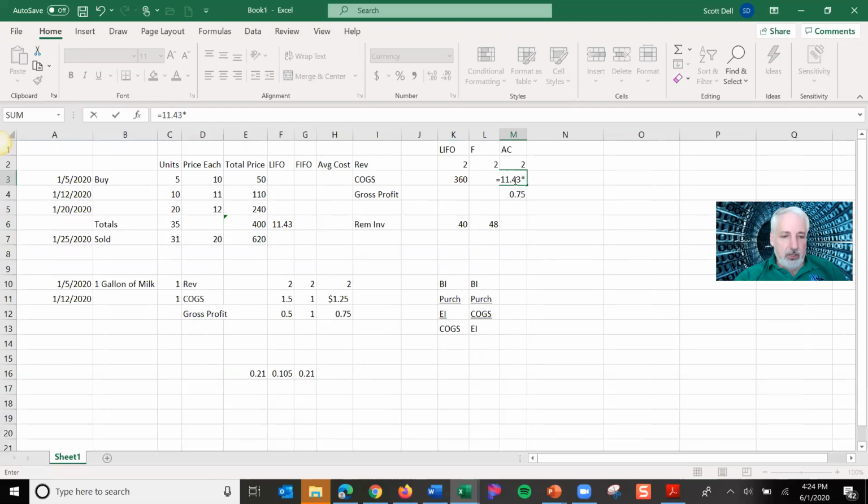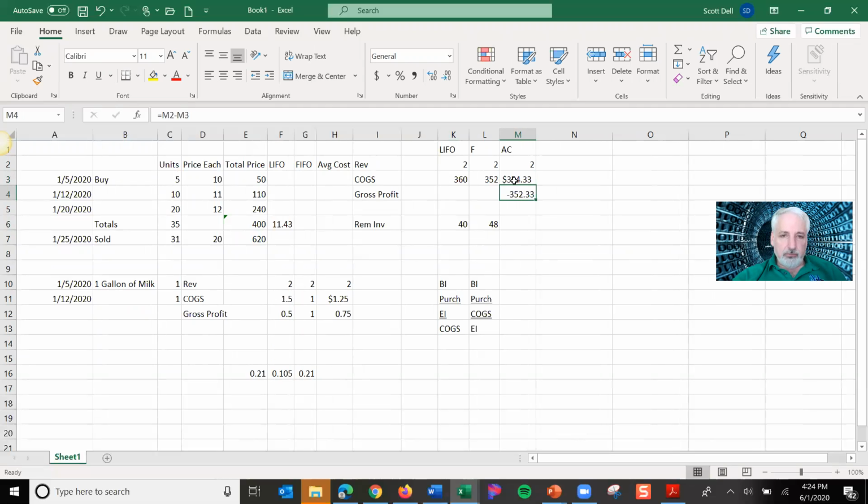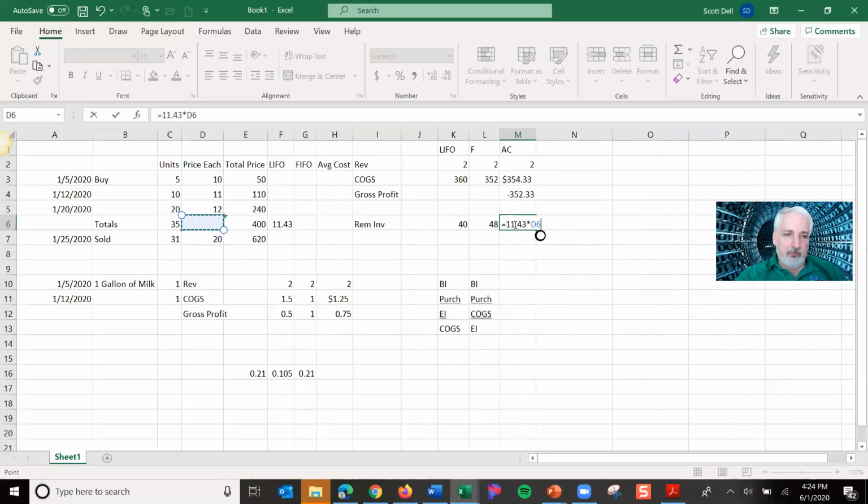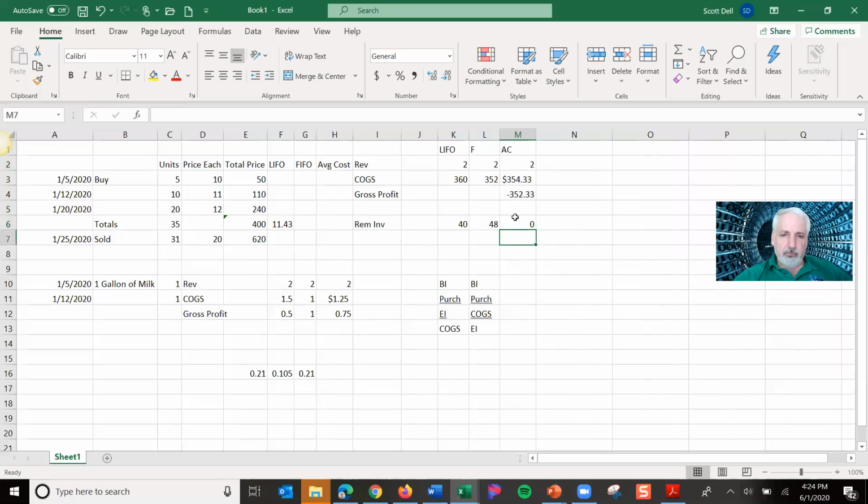Times how many units do we sell? 31 is my cost of goods sold. And my remaining inventory equals the same 11.43 times how many units left? Well, if we sold 31 and we had 35 available, we're going to multiply by 4. Not that cell, but number 4.